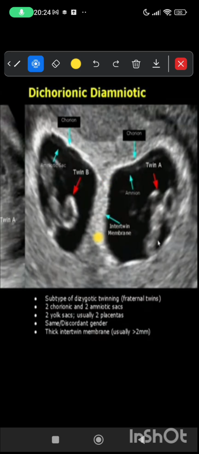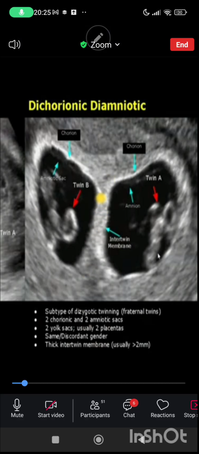So there are two gestational sacs, two placentas, and in each gestational sac there is an amniotic sac with a fetus, and between them is a thick dividing membrane.